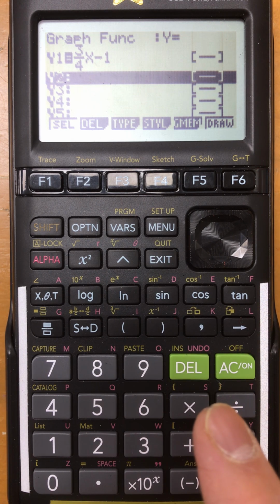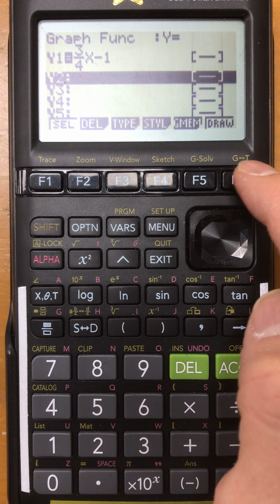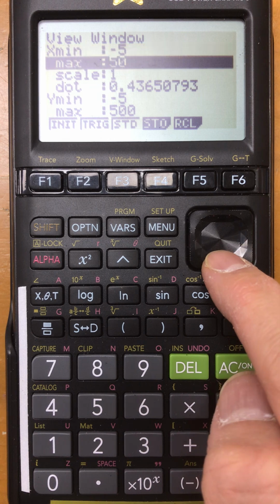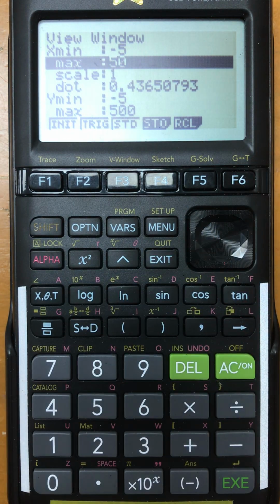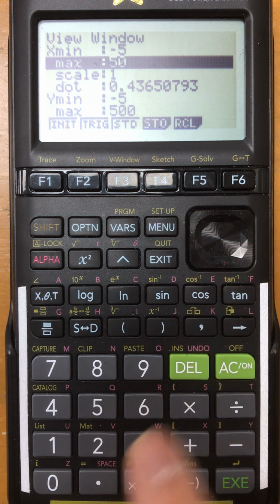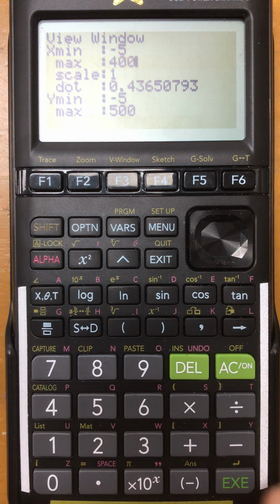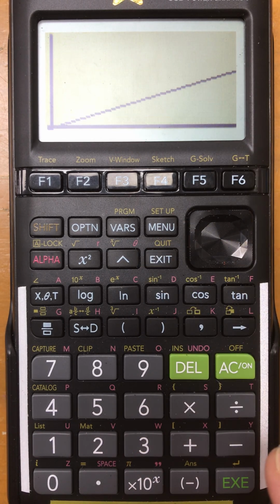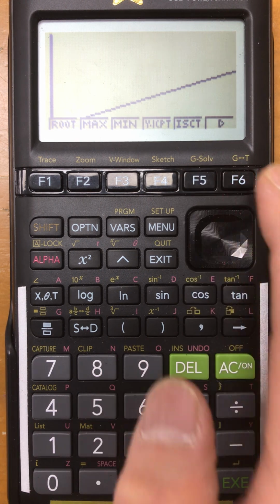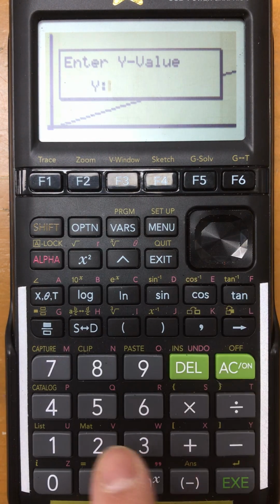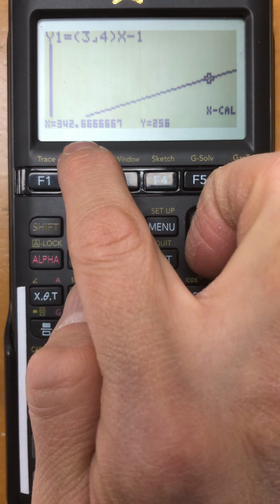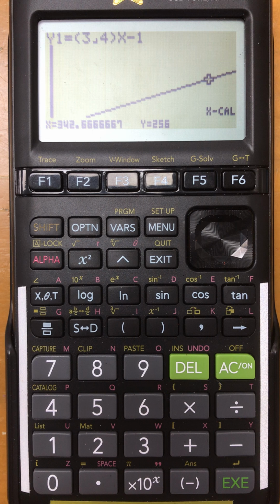Okay, so I think the problem is we need to adjust our x value window as well, because as y goes higher, x goes higher, so let's go to 400. Exit and graph. There we go. Now gsolve, F6 to get to xcal, y value of 256. Now I get an x value of 342.6 repeating.